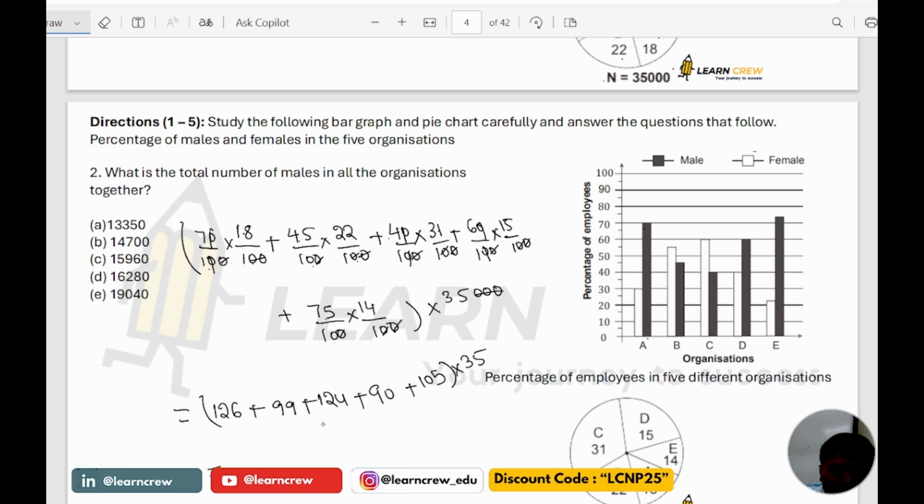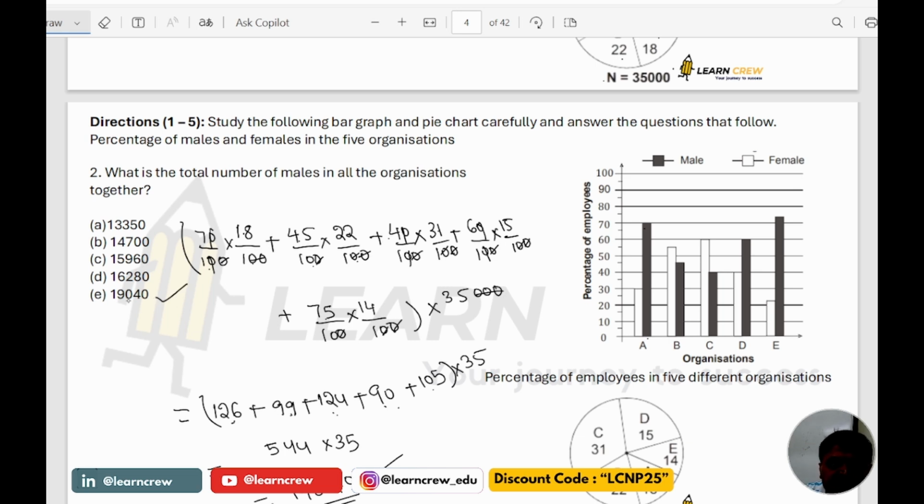If you add all these values, 126 plus 99, 225. 225 plus 124, 349. 349 plus 90, 439. 439 plus 105, which is 544. 544 into 35. How much are you going to get? 19040. So the answer is option E.